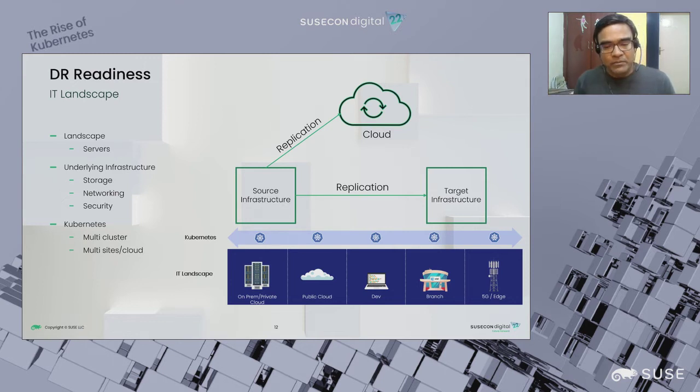So these are the various landscapes where our containerized applications would run, and we really need to understand them and what helps our microservice applications to be available. Along with these landscapes, we also need to understand the underlying infrastructure which keeps the workload running, which is storage.